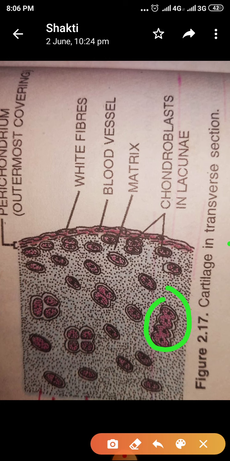This cartilage provides support and flexibility to various body parts, and it also prevents frictional wear and tear. Due to friction, the bone tips would tear and wear, so it is present covering the bone at the end to prevent the friction.